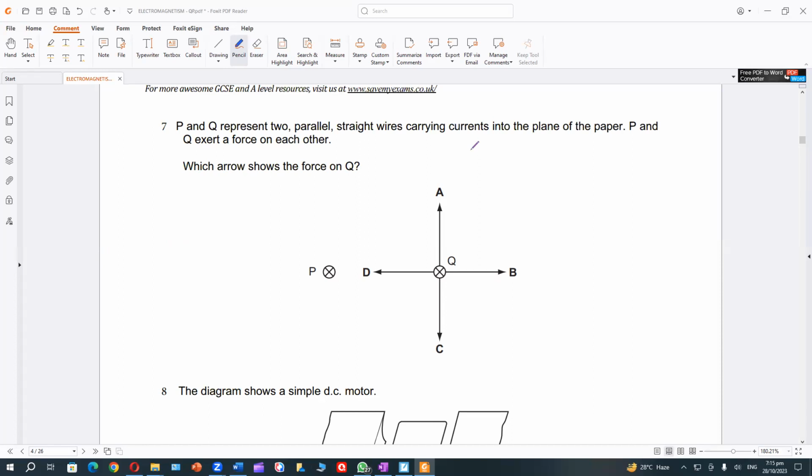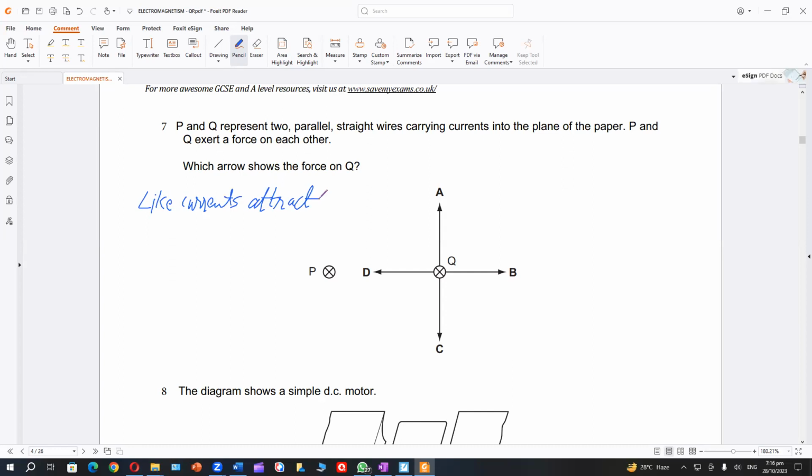Like currents, they both are in the same direction. Like currents attract each other.